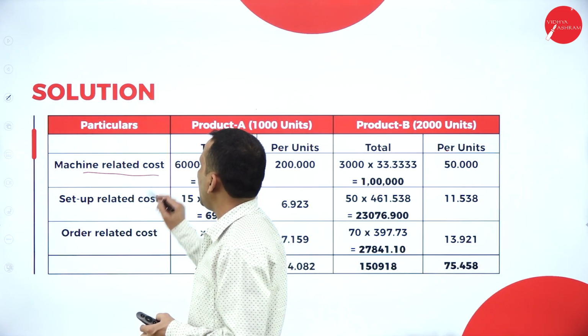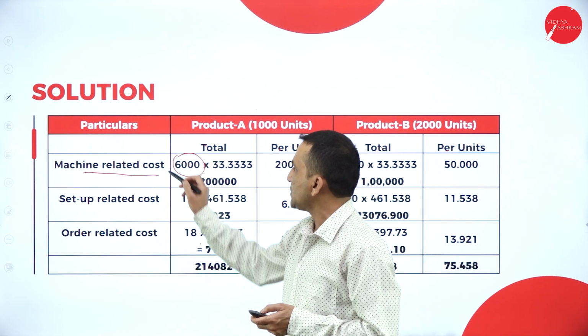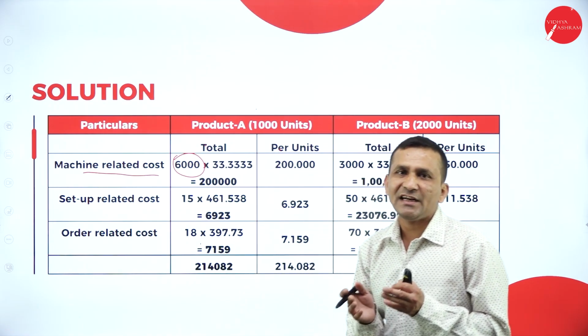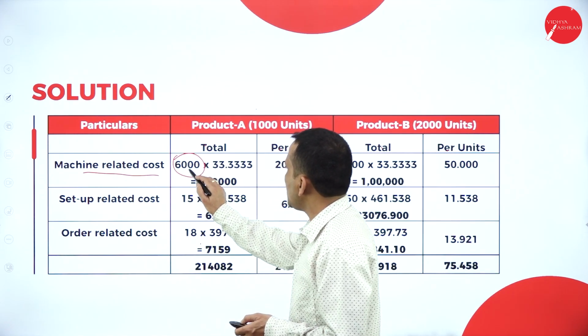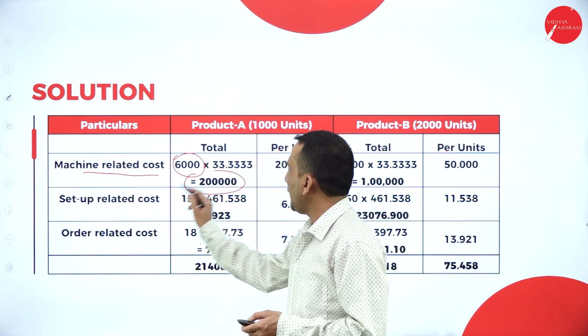For the machine related cost, we know there are 6,000 machine hours, which we get from 1000 units at the rate of 6. If you multiply 6,000 by 33.333, you get 2 lakhs.